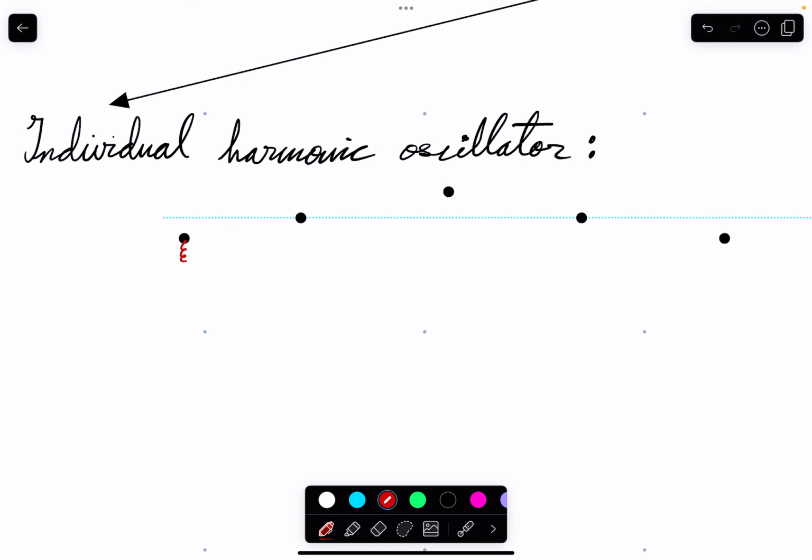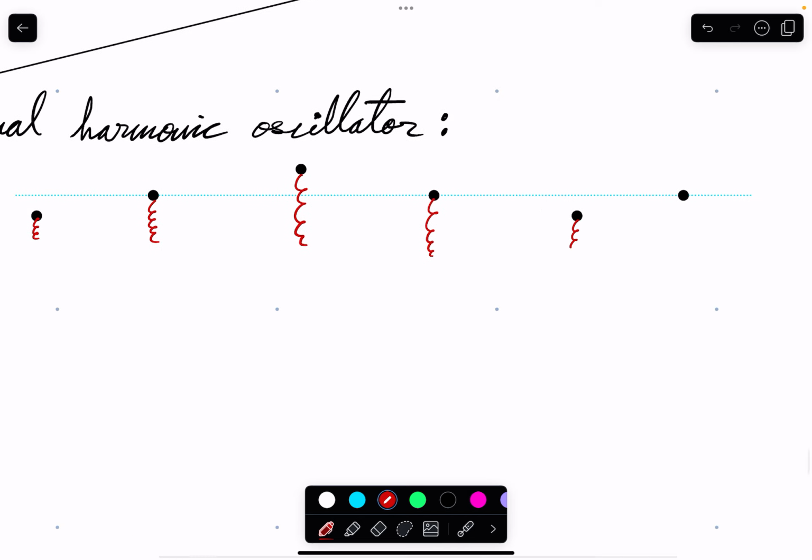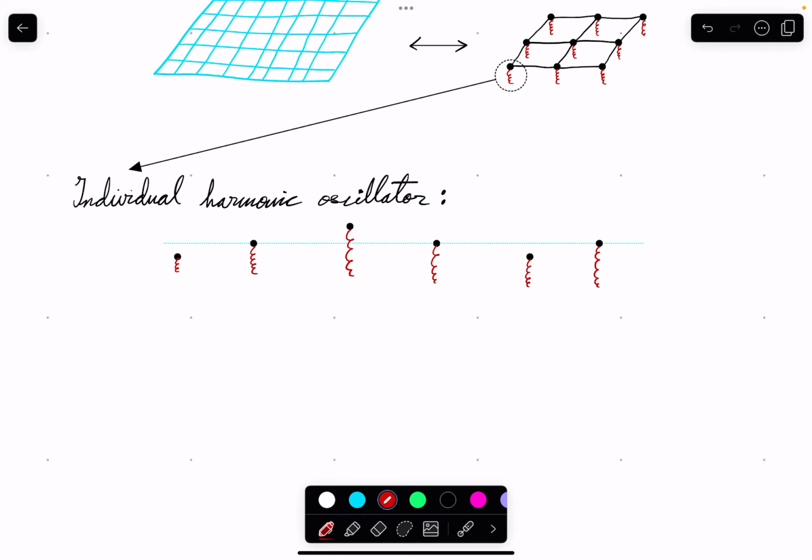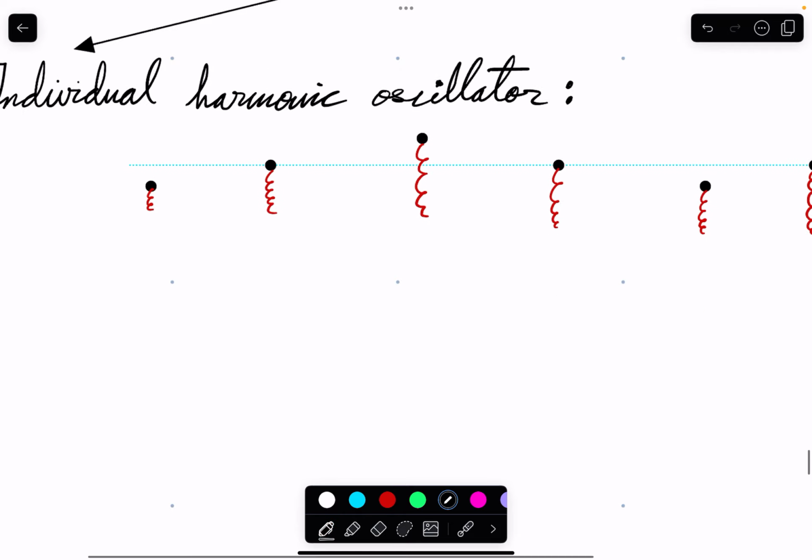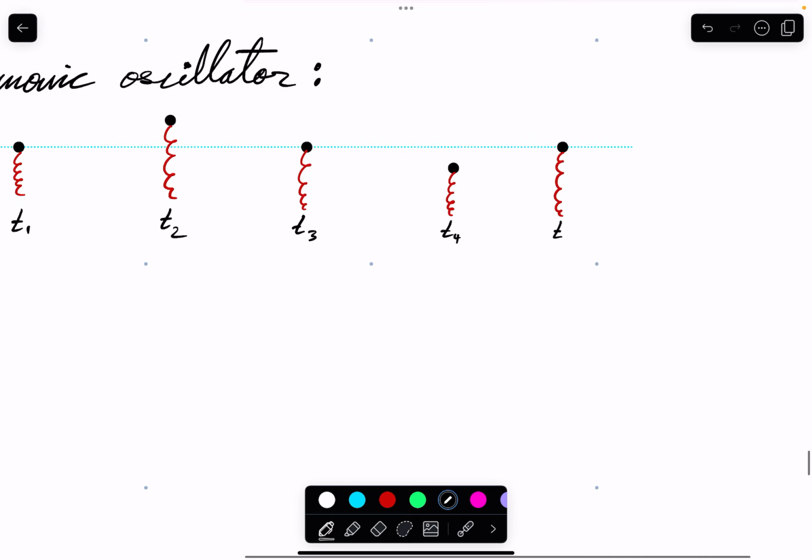And we can say that this is a mass spring evolving in time. So this is your initial time, T1, T2, T3, T4, T5.